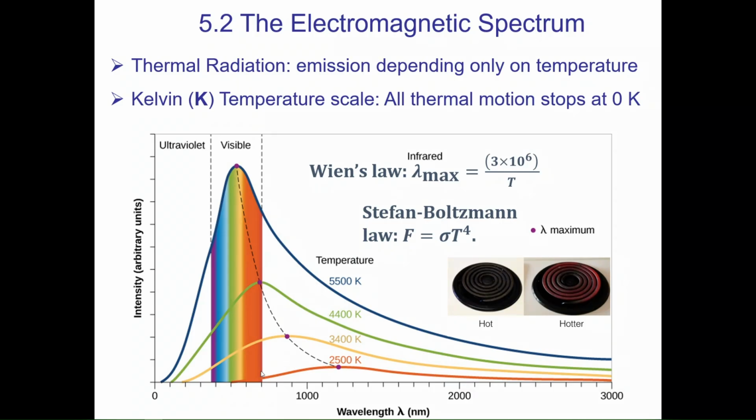The difference is that the lowest possible temperature in the Kelvin scale is 0, and 0 Kelvin represents all thermal motion actually stopped. That does not mean the motion of the object, but the wiggling motion of the molecules microscopically inside the object. So you can imagine there's no negative Kelvin temperature.